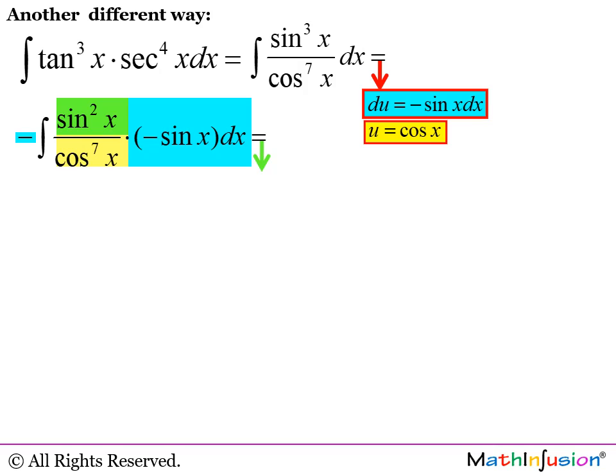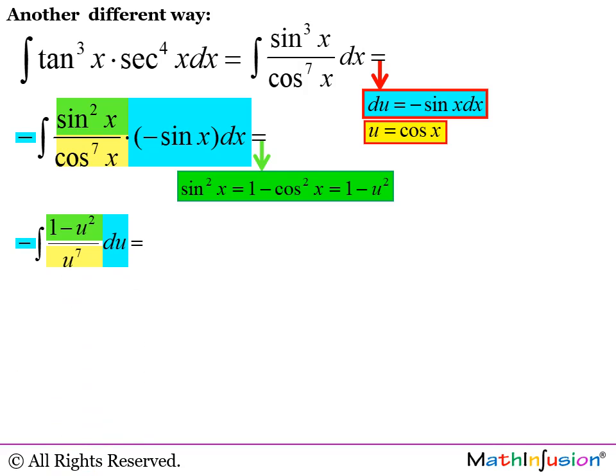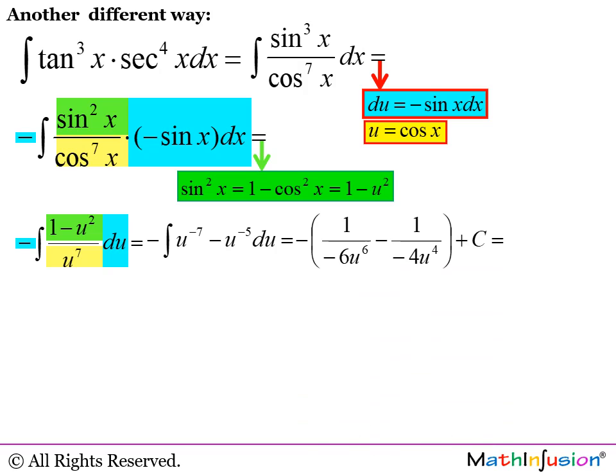Okay, so the only thing again is sine to the power of 2x, and we know that this is 1 minus cosine to the power of 2x, which is 1 minus u to the power of 2. And I get that. Because I have one term in the denominator, I can just divide 1 by u to the 7 and u to the 2 by u to the 7, and I get that. Again, easy integration.